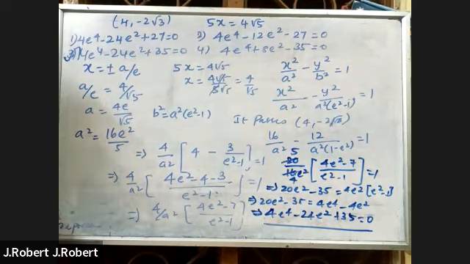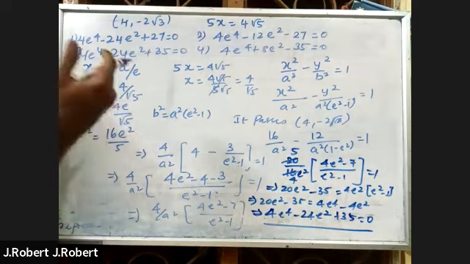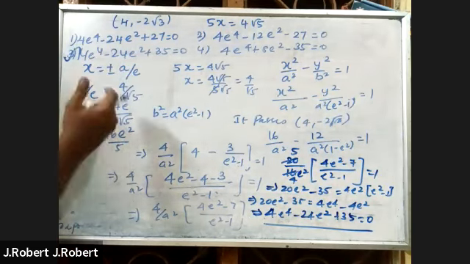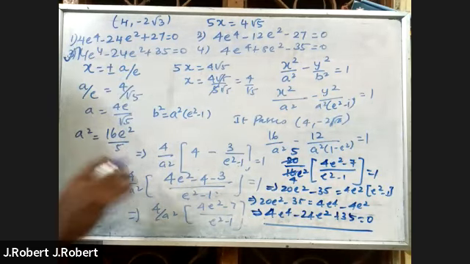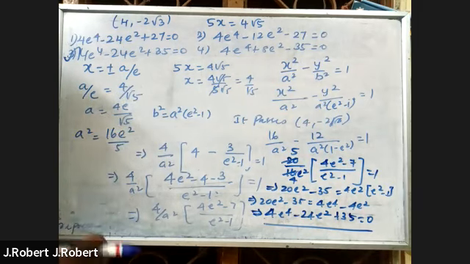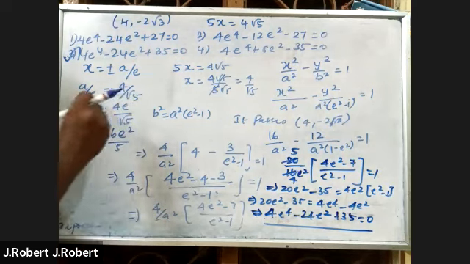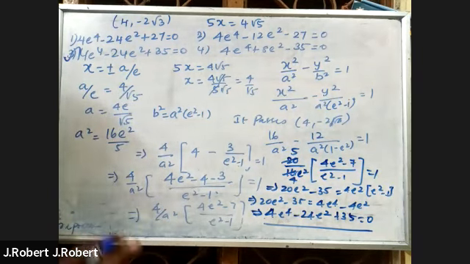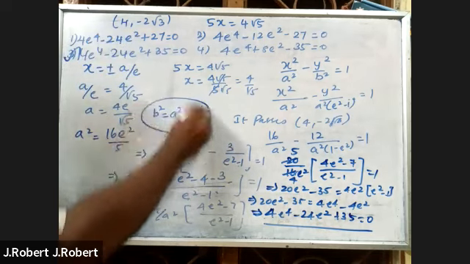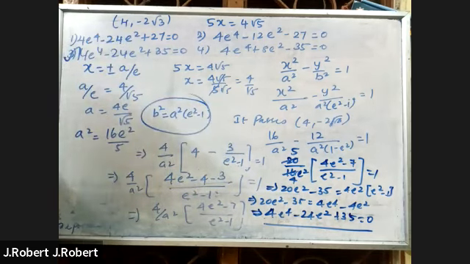Usually the directrix equation is x equals plus or minus a by e. Here we have x equals 4 root 5 by 5, so comparing, a equals 4e by 5. I have found the a value in terms of e. Squaring, we get 16 e square by 5. And according to the standard formula, b square equals a square into e square minus 1.